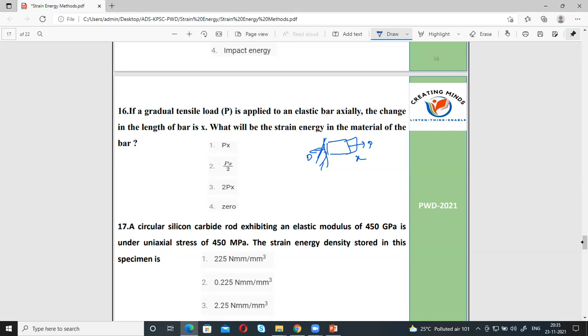What is the strain energy equation? U equals half into load into deformation, half P delta. If delta is X, then directly Px by 2. Yes, next question.